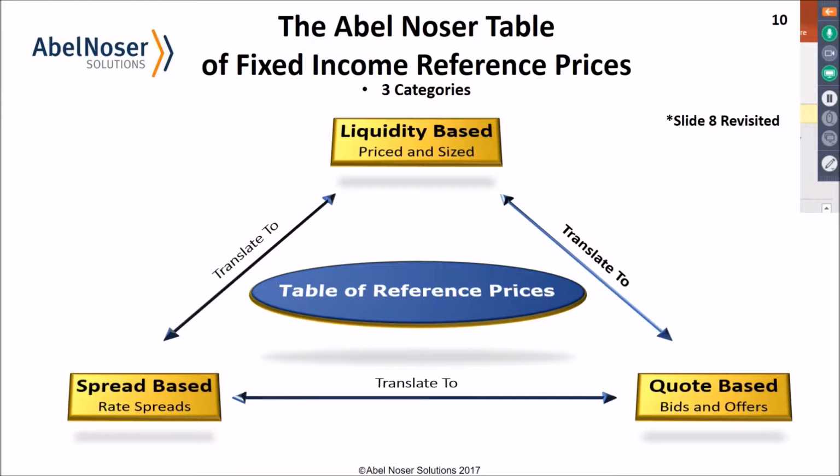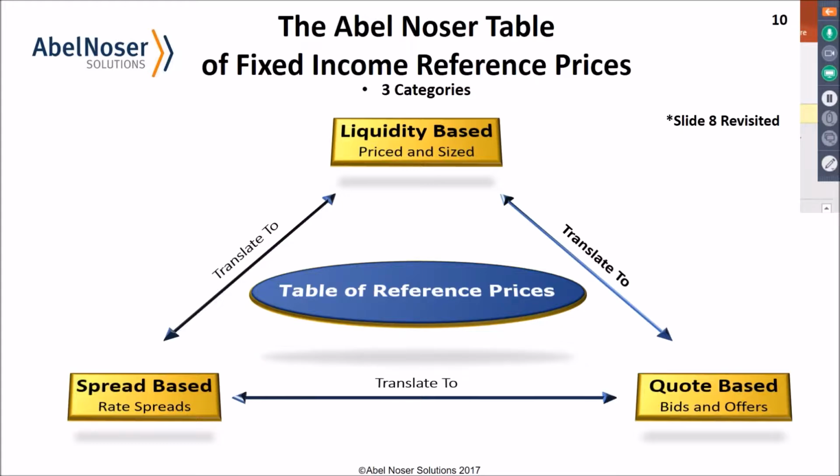So if someone sends us a trade that's quoted as a rate, but we only have price information or spread information, we can translate those back into the rate that the client traded. The aggregated information is utilized to provide various outcome reports. In other words, fixed income TCA.